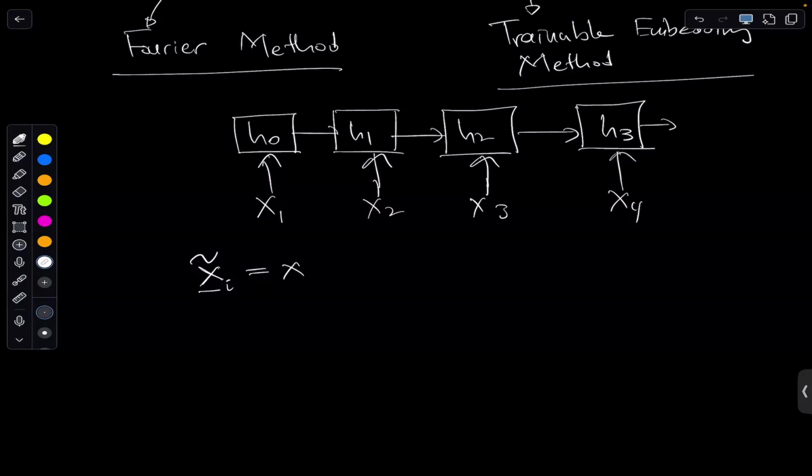I'm starting from xi, which is my context-free vector, and I'm adding some Ri, which is my positional encoding vector.